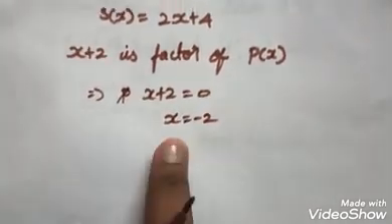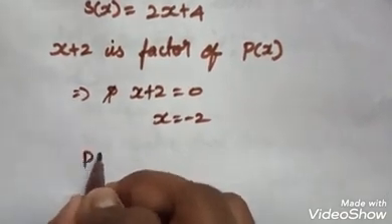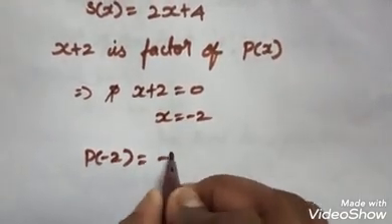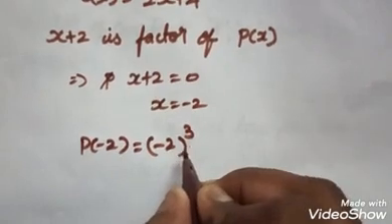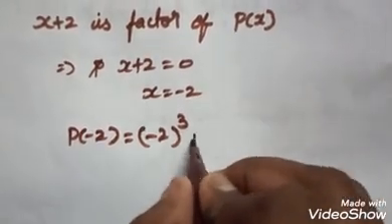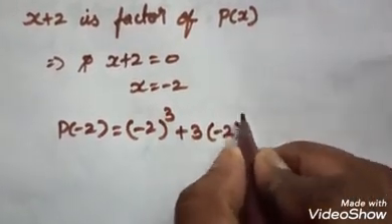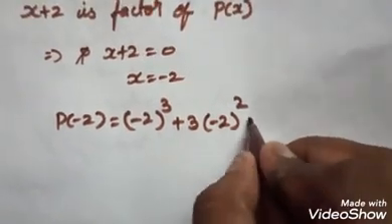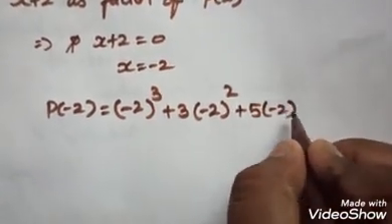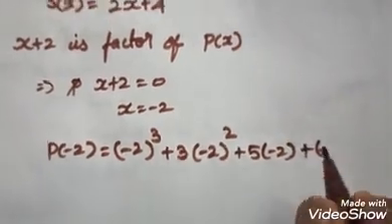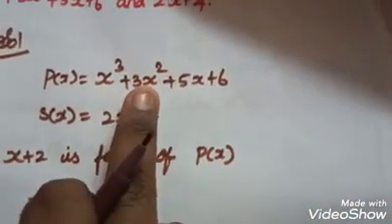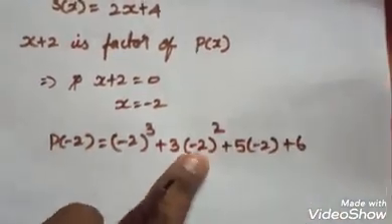So here p of minus 2 is equal to minus 2 whole power 3 plus 3 into minus 2 whole power 2 plus 5 into minus 2 plus 6. Here in this expression, instead of x I substitute minus 2.